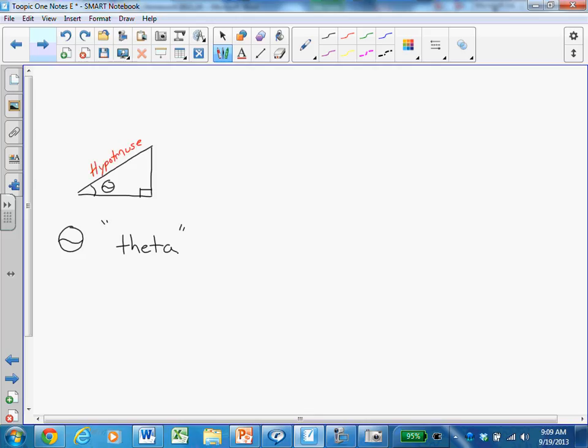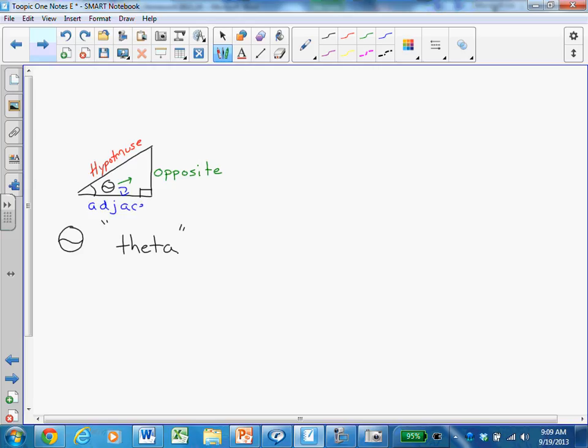What do we call the side across from theta? The opposite, right, Lorena? What do we call the side next to theta? Mikhail? The adjacent?